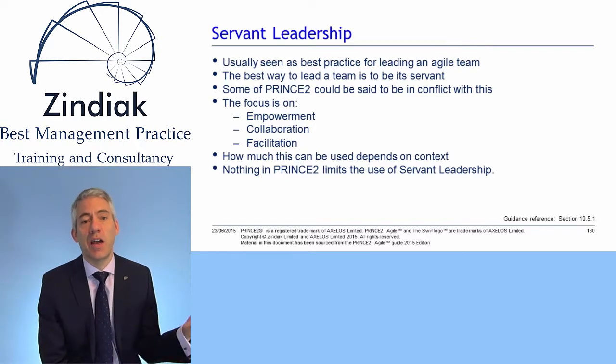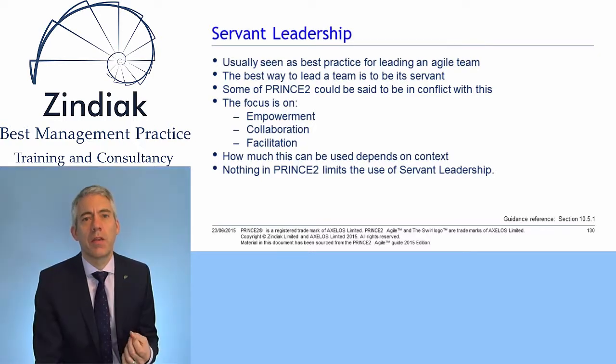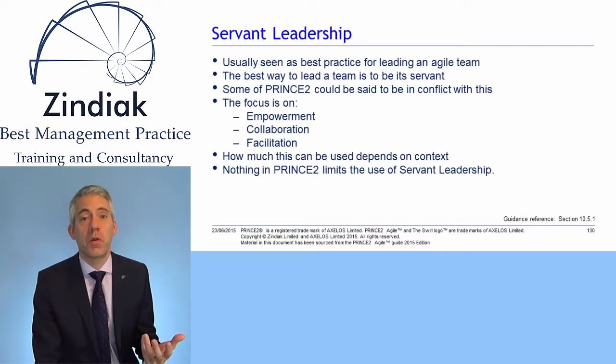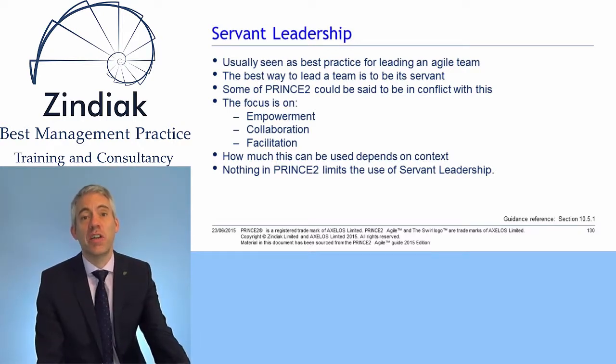The basis of it is the best way to lead a team is to be its servant. So I prefer to focus on leadership that provides service to the team. So as project manager, I provide a service to the delivery team.